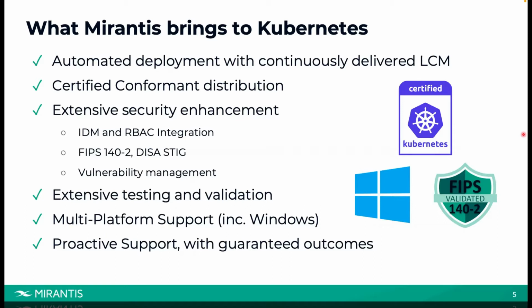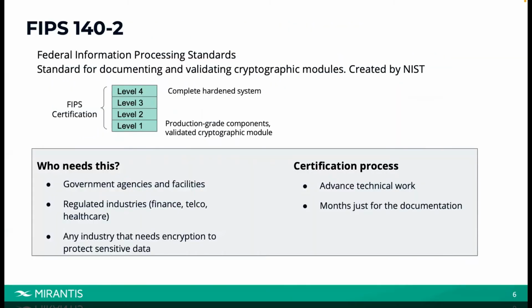Okay, that's a long introduction to the question, but let's dive into FIPS 140-2 and what it's all about. FIPS 140-2 is the Federal Information Processing Standards, a US government computer security standard used to approve cryptographic modules.